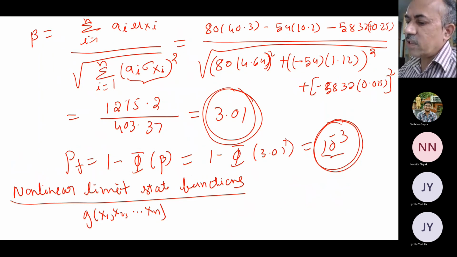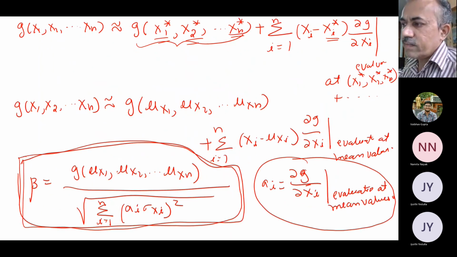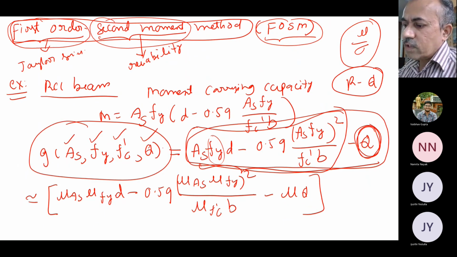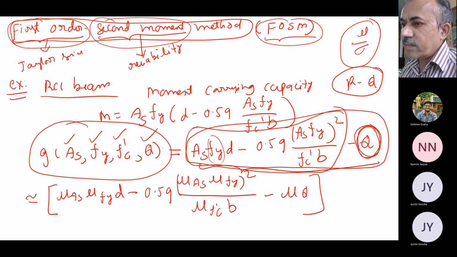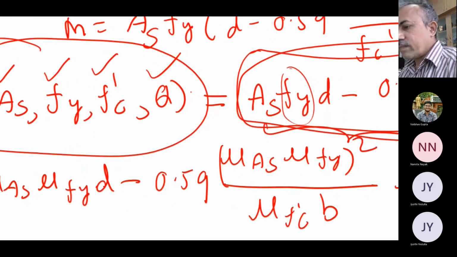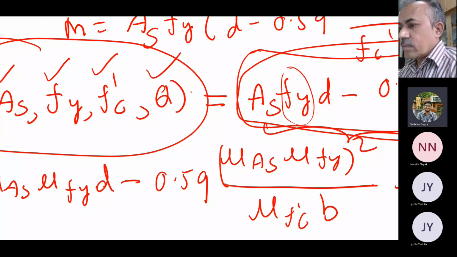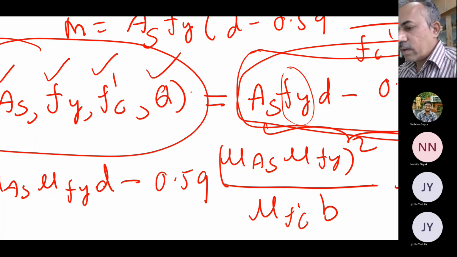Now, when does the problem come? The most important thing we said was that the main headache will come when things are non-linear. But non-linearity, how can you handle it? What methods have we used?